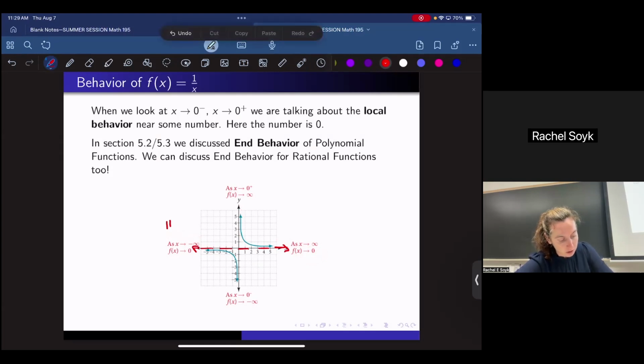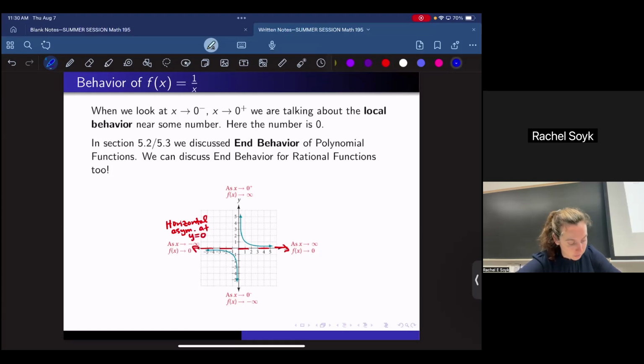So we have a horizontal asymptote at y equals 0, whereas we have a vertical asymptote, I'm going to do VA for vertical asymptote, at x equals 0.